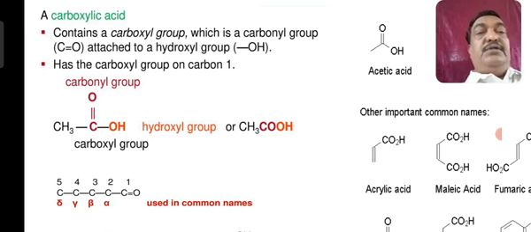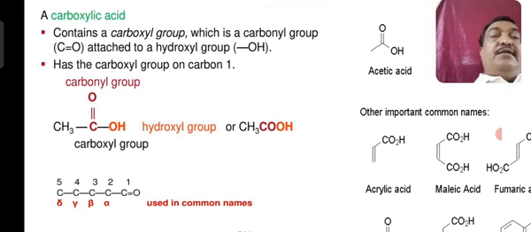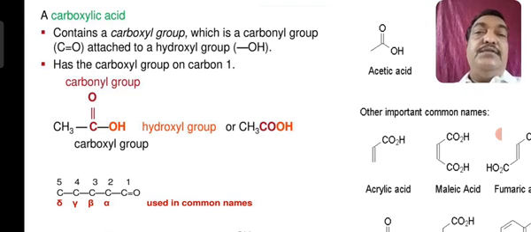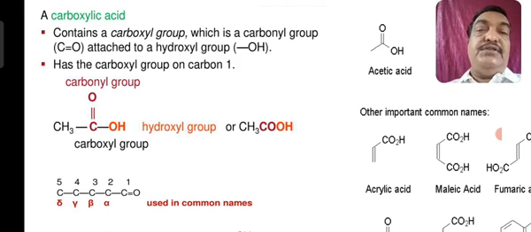So always carbon atom number 1 of any carboxylic acid contains COOH. The simplest examples we have quoted here are CH3COOH, that is acetic acid, or HCOOH, that is formic acid, or instead of that CH3 you can put a benzene, and it is benzoic acid, right?